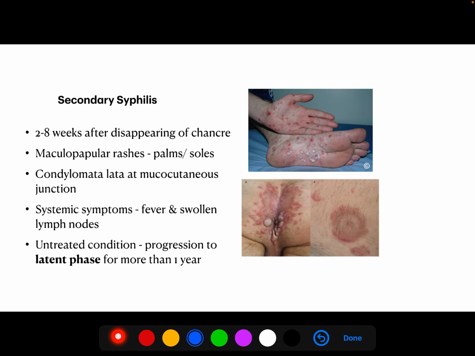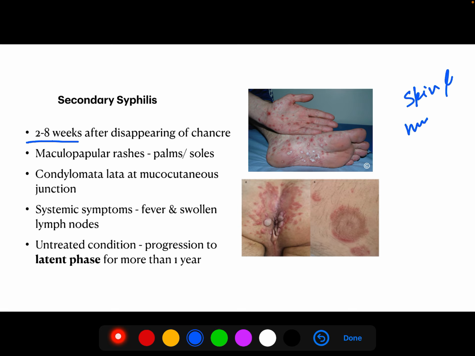Secondary syphilis usually develops about 2 to 8 weeks after the disappearance of the primary chancre, or the primary syphilis. Here, the usually affected sites are the skin and the mucous membrane.